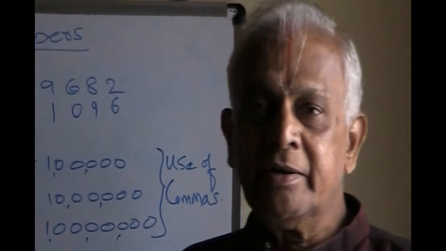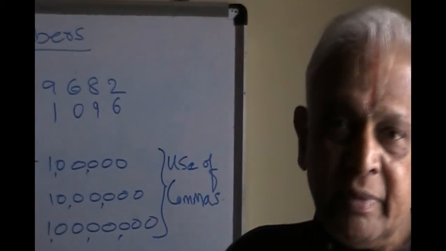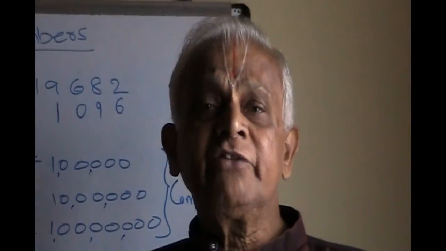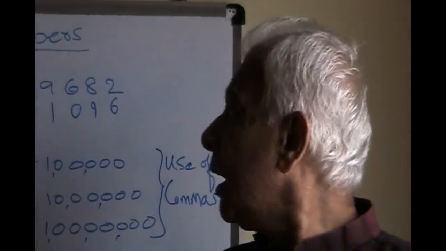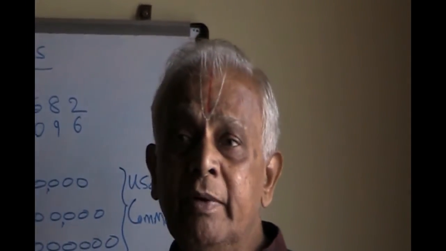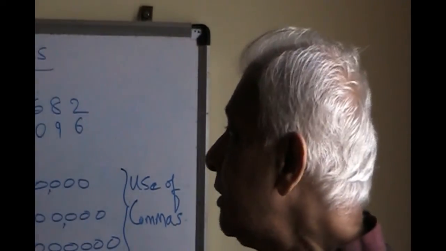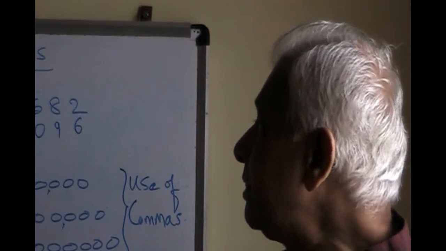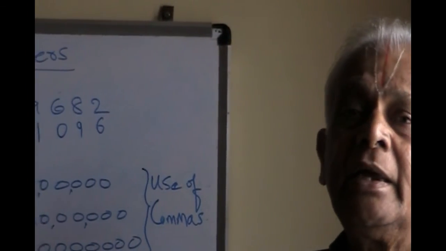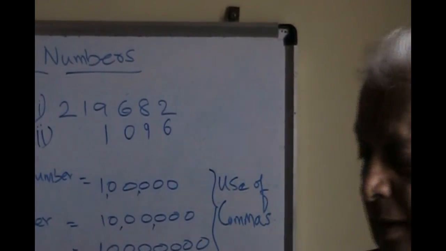In the current session, we will look at the placement of numbers, that is, the position of numbers and how they are to be read. In the example I have given, 2,19,682, how can this be written?